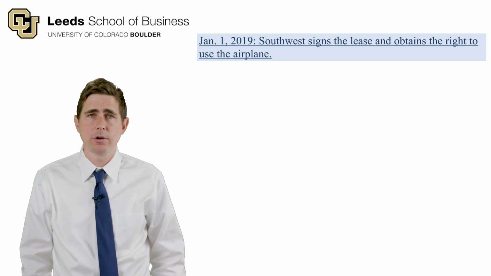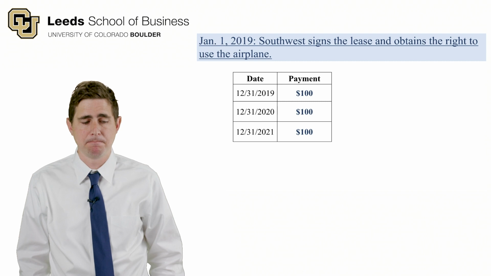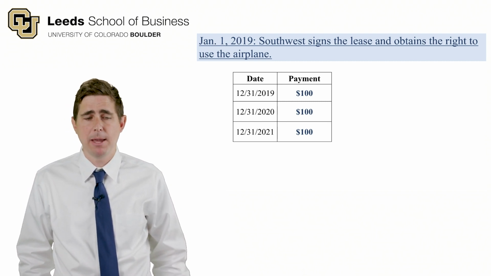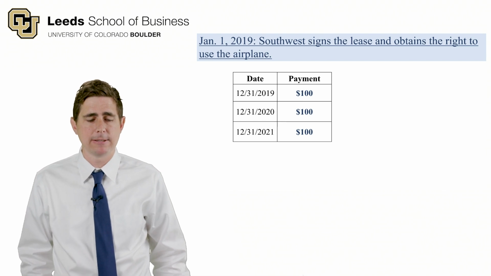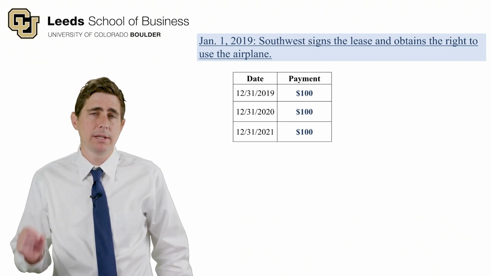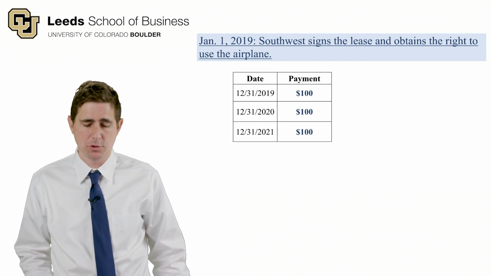So here's what the company will do at the inception of the lease. It's January 1st, 2019. Southwest signs the lease and obtains the right to use the airplane. The accounting department will create a schedule of future payments, minimum lease payments that are expected under the lease. It's $100 each year for the next 3 years. They will discount those payments using the effective interest rate.